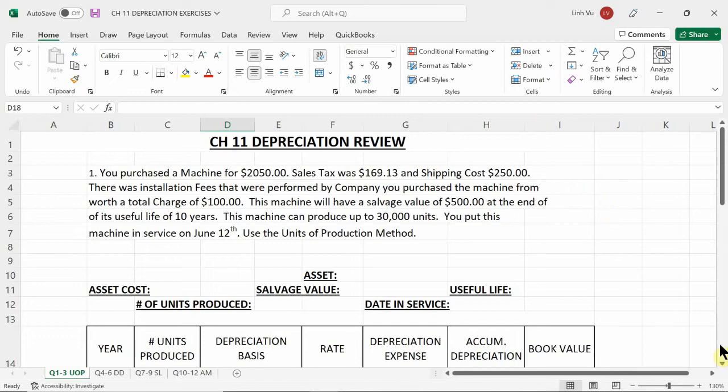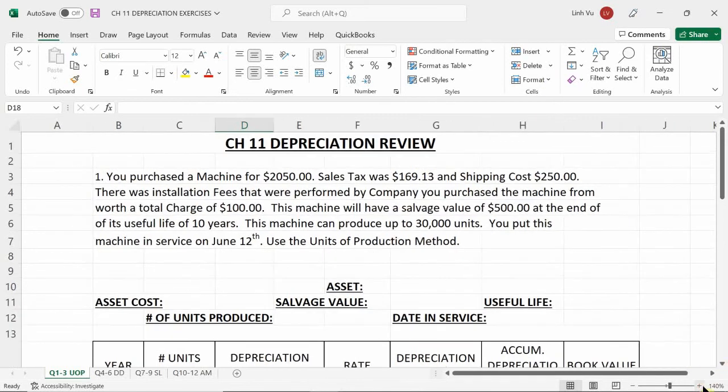All right. So it says here that you purchased a machine for $2,050 with the sales tax was $169.13 and the shipping cost you $250. Okay. There was an installation fee that was performed by the company that you purchased the machine from, which was worth a total charge of $100.